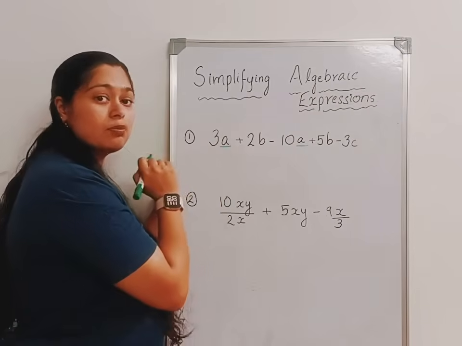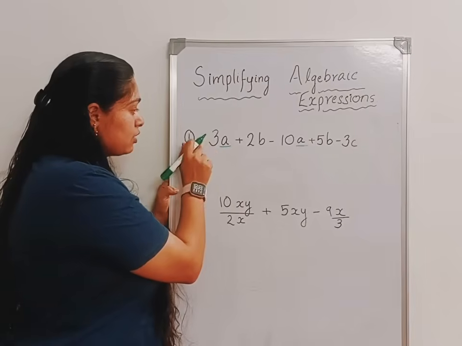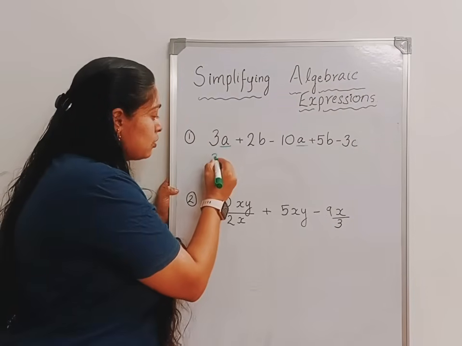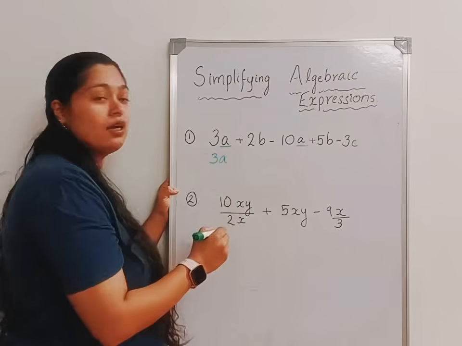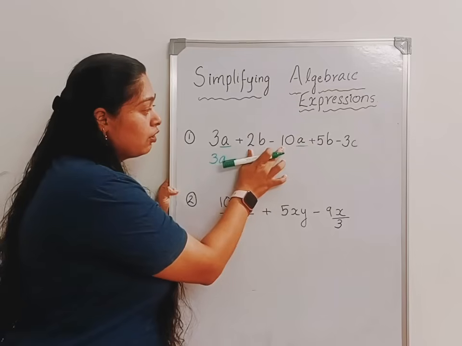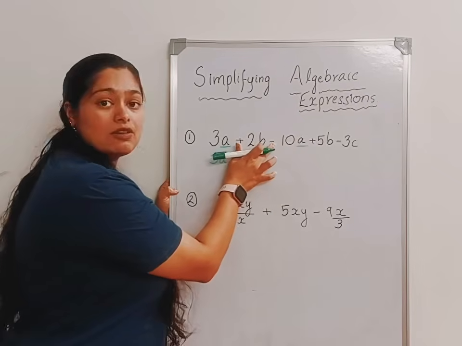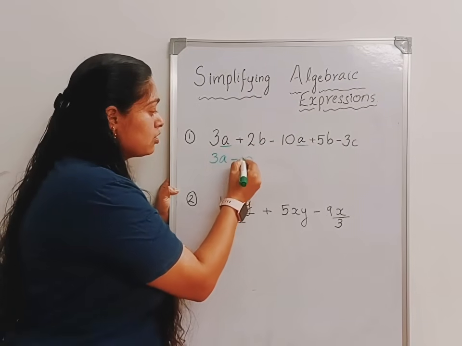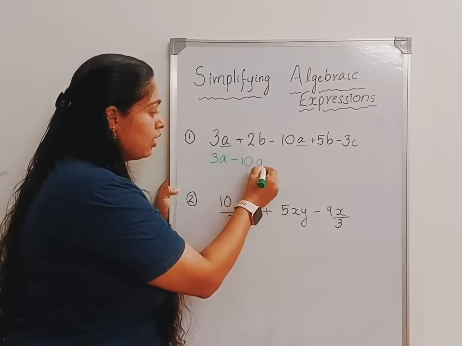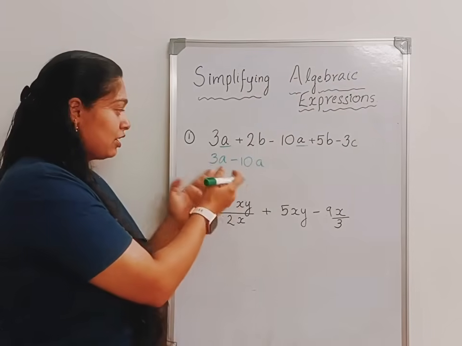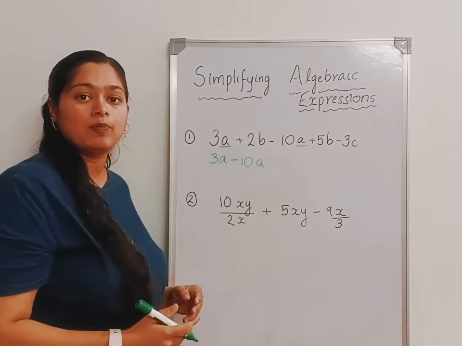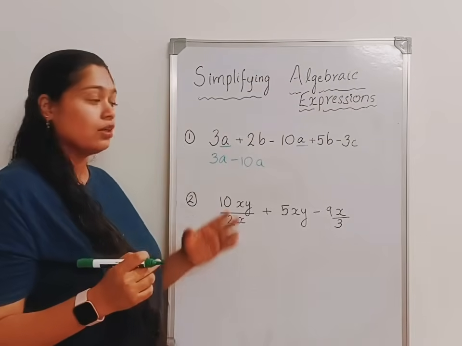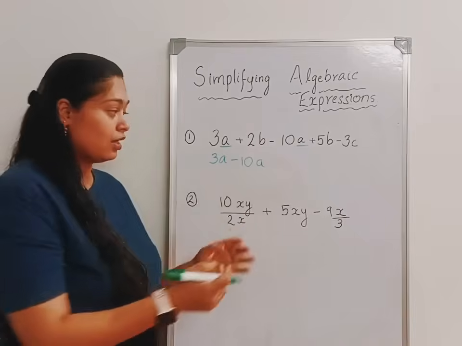Now let's see what the symbols of 3a are. For 3a you can see on the left side there is nothing, which means it's a positive integer. So it's going to be 3a, and here in front of 10 we have the negative symbol, so it's a negative term, negative 10a. So technically we can write it as 3a minus 10a. Now let's recollect the rule followed to add these integers.